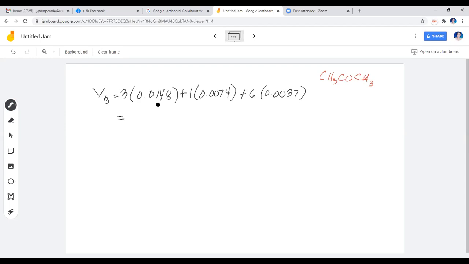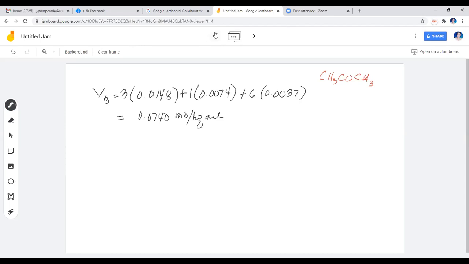So we now have the VB, which is 0.0740, and this has a unit of cubic meter per kilogram mole. This is the molar volume at the boiling point. So we now know the V sub B.